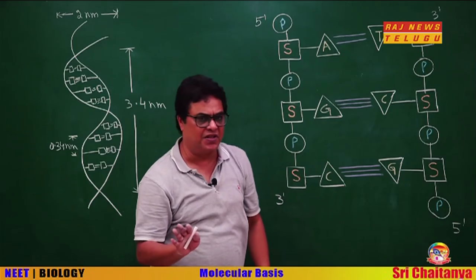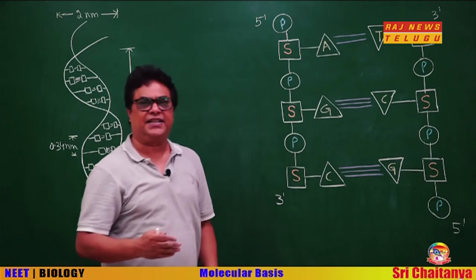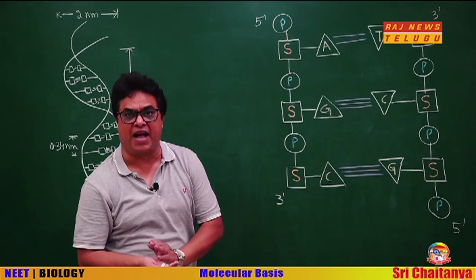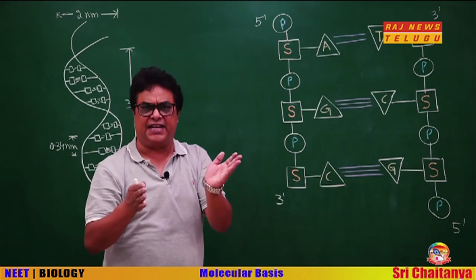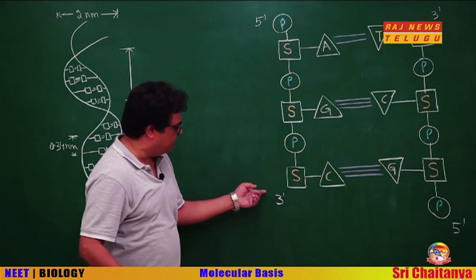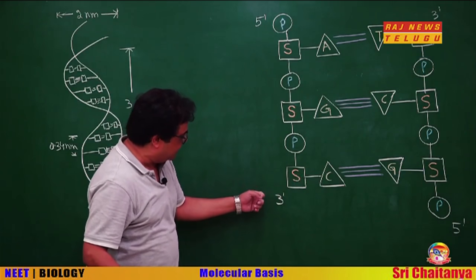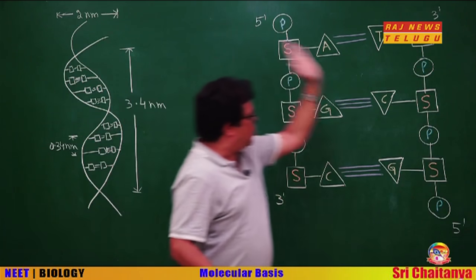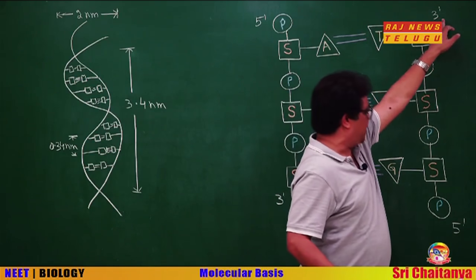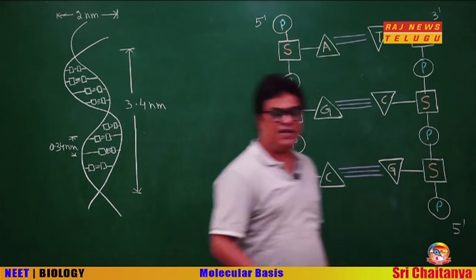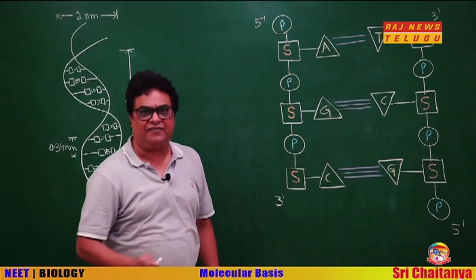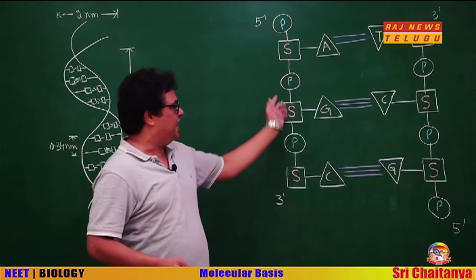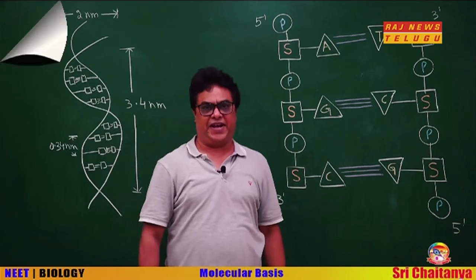Okay. This point is also clear. Next, we said that the two strands are anti-parallel, means equidistant but opposite polarity. Then we can also see that in this strand at this end there is 3' end and here there is 5' end. But in the complementary strand, here there is 3' end and here there is 5' end. So, all the features that we have discussed, we can see in these two diagrams of DNA.